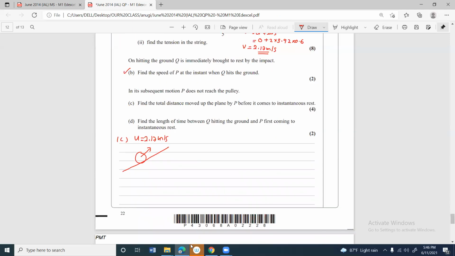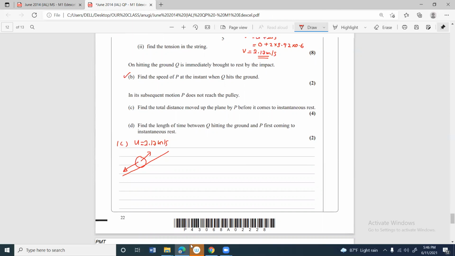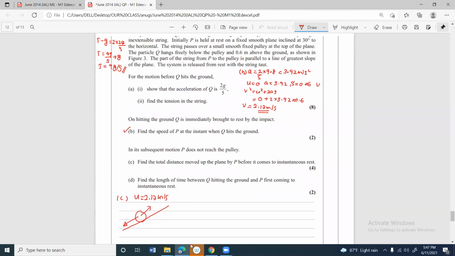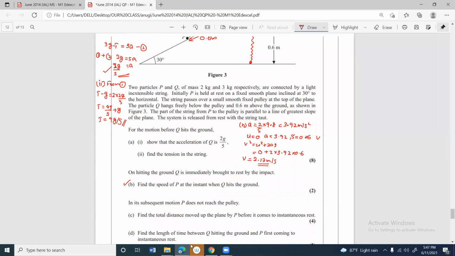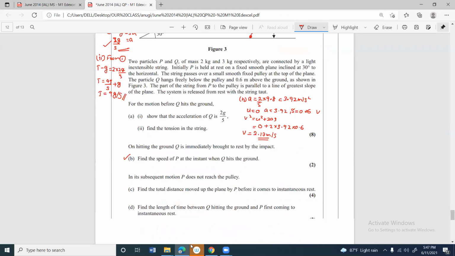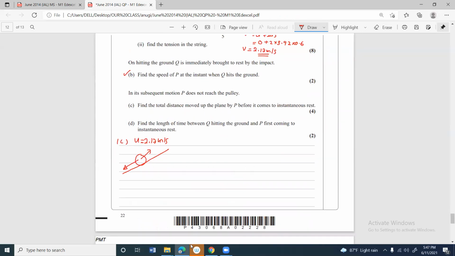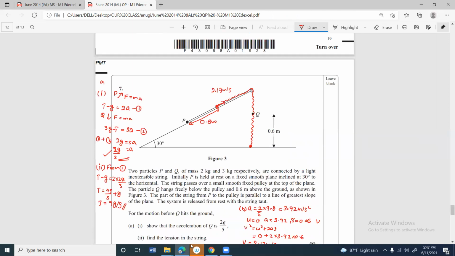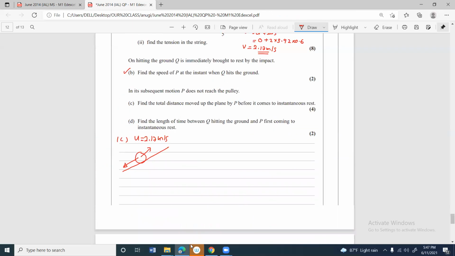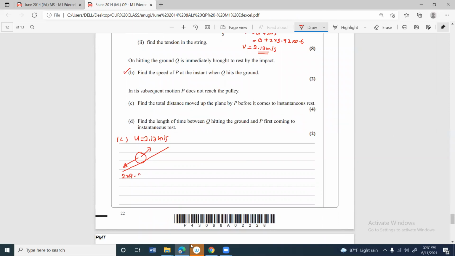Now let's see what the acceleration is for this. It undergoes a certain force over here, and this force is only this bit. The mass is 2, and we know the angle is 30. Yes, the mass is 2. Now the force over here is 2 into 9.8 sine 30. This is the only force acting on this object.